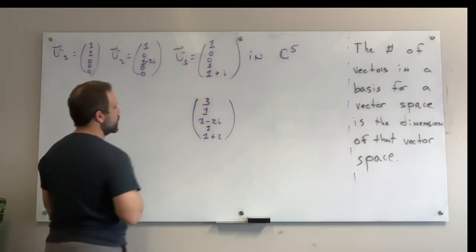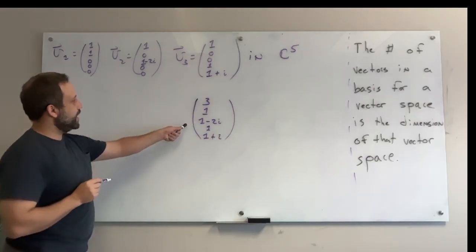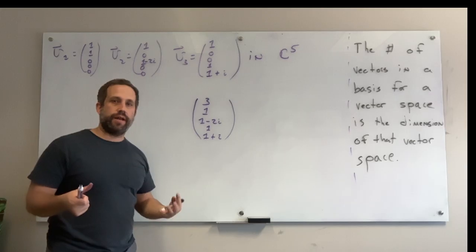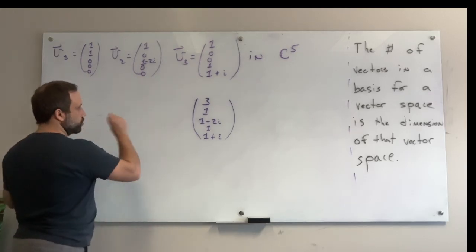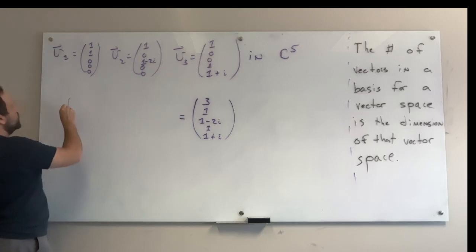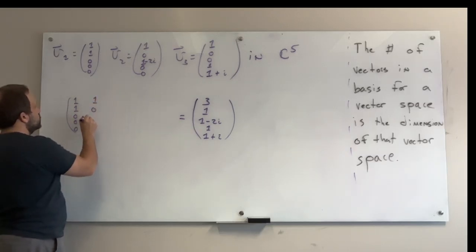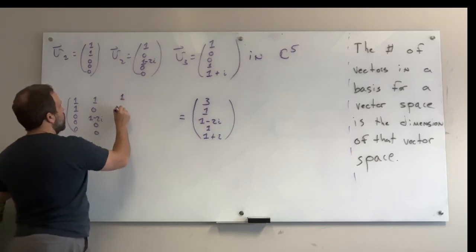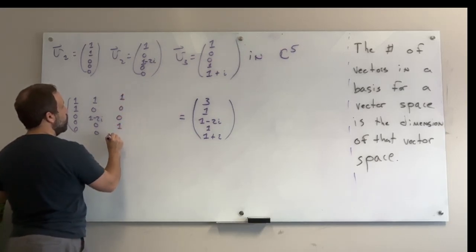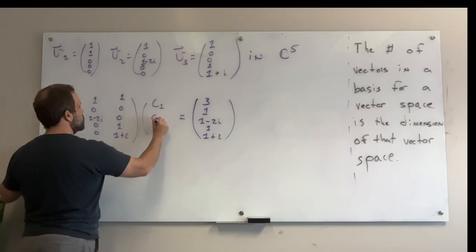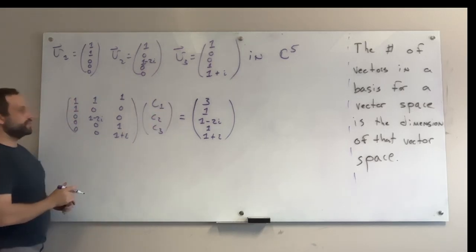Let's say I have this vector right here, and I want to ask the question: is this vector in the linear span of these three vectors? And if so, what are the corresponding C1, C2, C3? So in other words, I want to try to solve this equation. I'm going to have this matrix V again: 1, 1, 0, 0, 0, 1, 0, 1 minus 2i, 0, 0, 1, 0, 0, 1, 1 plus i, times C1, C2, C3. I want to solve this equation.